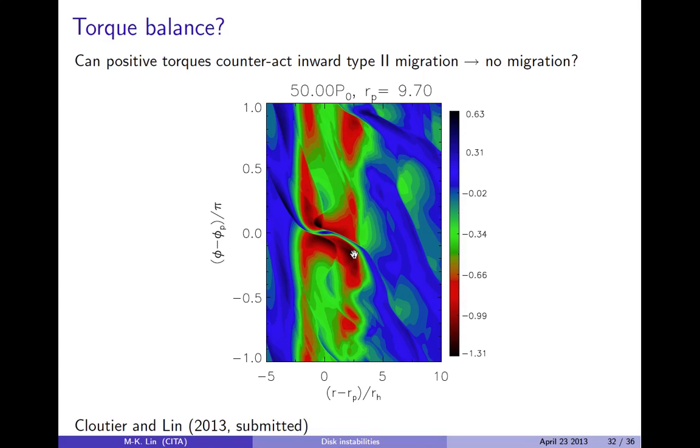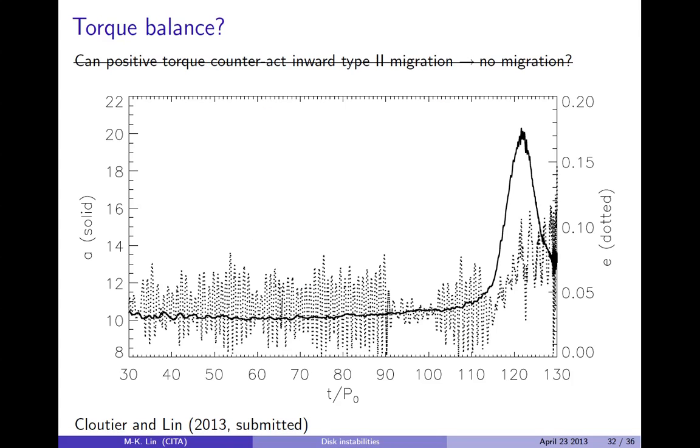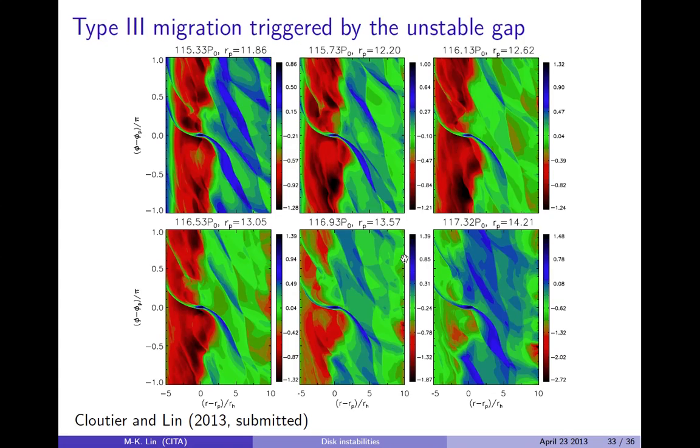But it turns out that picture is a bit naive. So Ryan simulated this system even further, and he found that after only 21 orbits, the planet interacted very strongly with the outer disk and is essentially scattered outward. This picture of balancing torques is a bit naive because if you think about it, what we've got is a planet in a gap, and we've got large-scale spirals sweeping past the planet constantly.